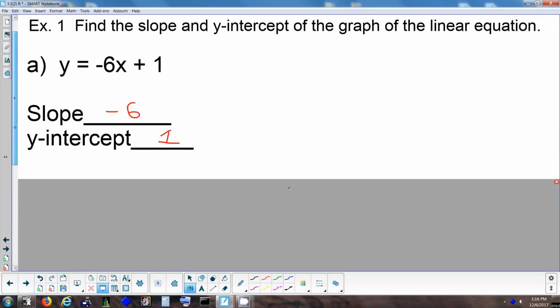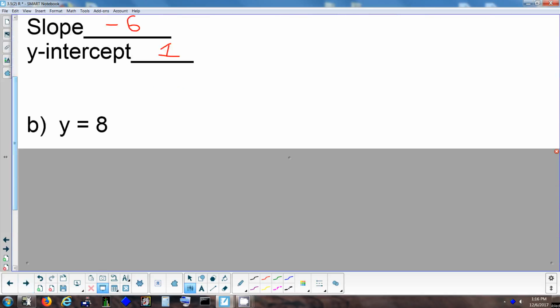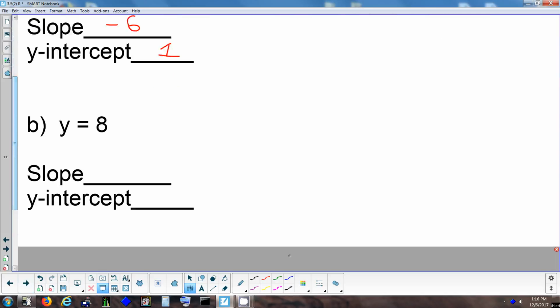Any questions on 1A? Okay, 1B: y equals 8. Hey, these are the ones I don't understand. Okay, so this one is special, right?